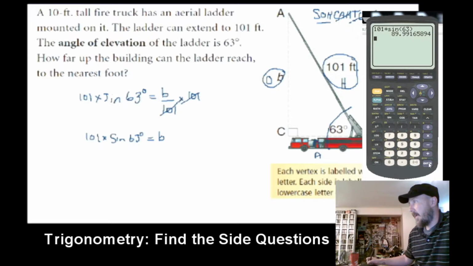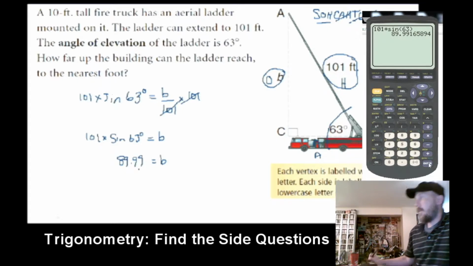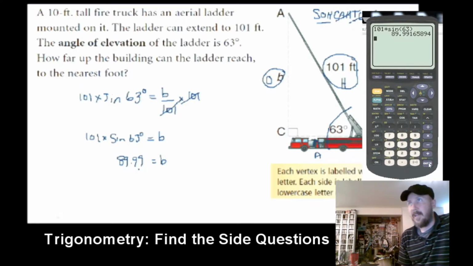So that side there, we'll still call it B, is 89.99. Now if I push next on this slide, it's going to say that my answer is actually 99.99 or 100.